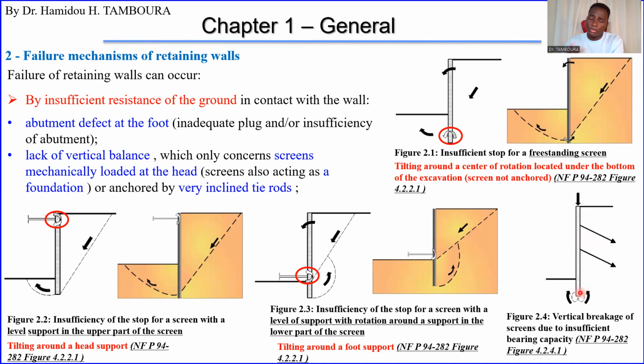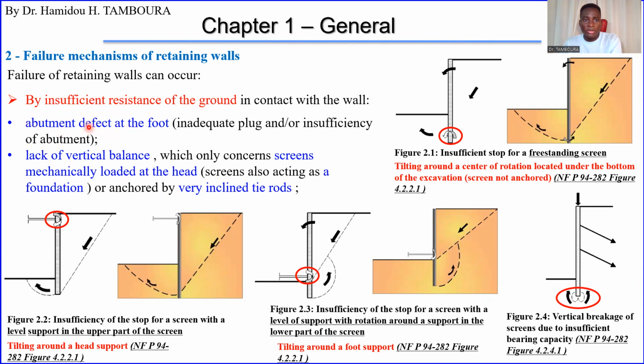This is just about failure of bearing capacity. We have a load here at the head. The wall is used as a foundation, and the problem happening here is the failure of the ground. So both types are about the ground: the resistance of the ground is not enough.